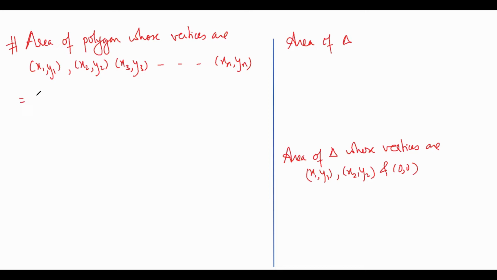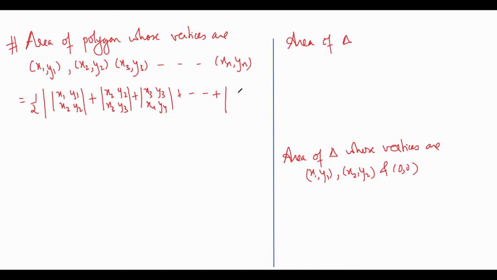You just write half mod of this determinant: x1, y1, x2, y2, then x2, y2, x3, y3, then x3, y3, x4, y4, and so on. But in the last step, you put xn, yn in the first row and then x1, y1 in the second row.